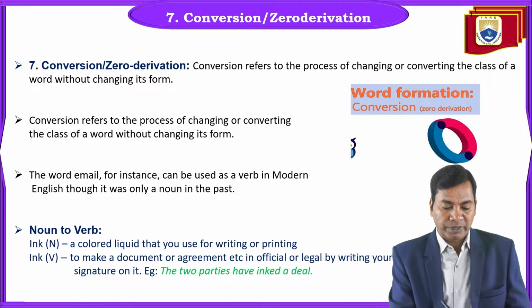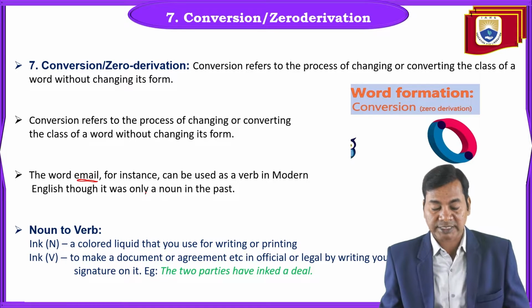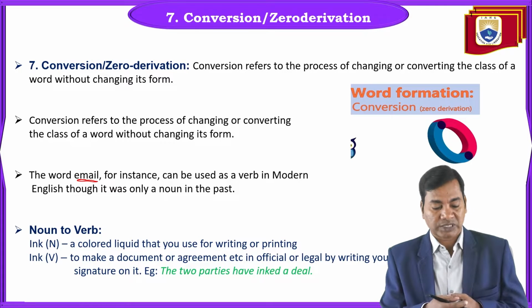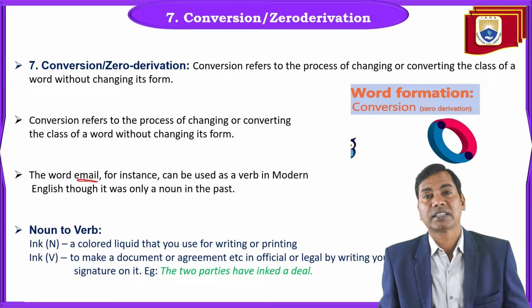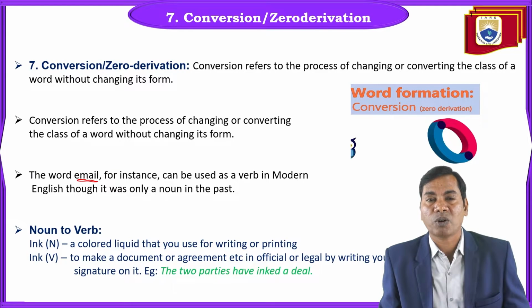Now look at the word email. Very familiar word to you all, right? So if you take this as an example, it can be used as a noun as well as a verb. For example, can you send a mail to me on this topic?